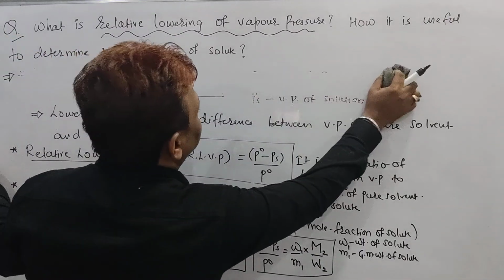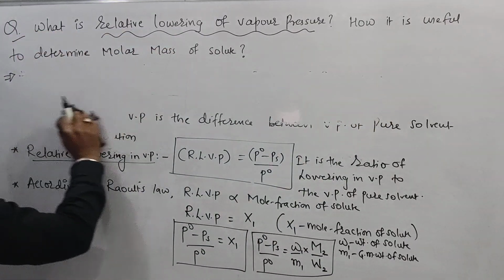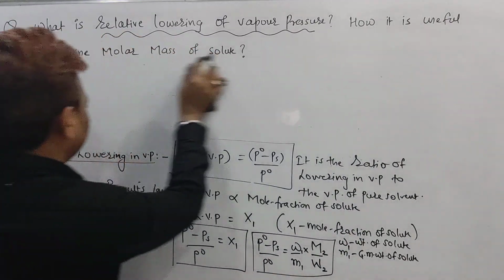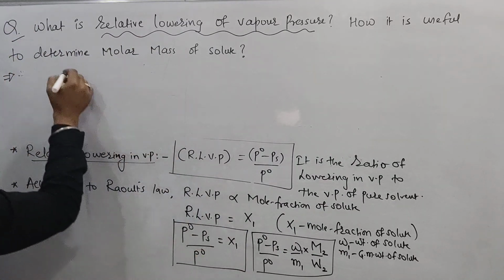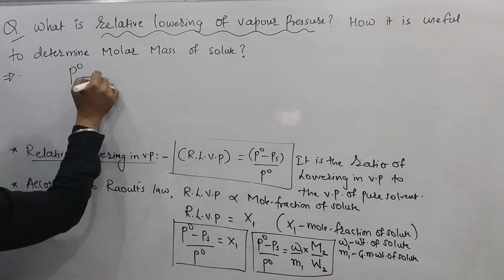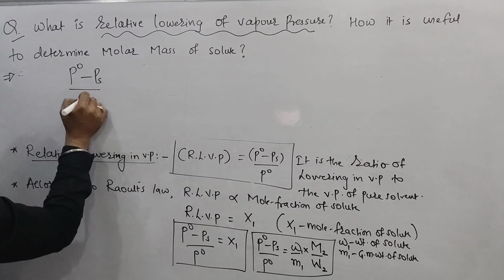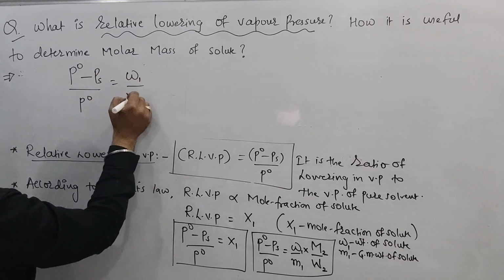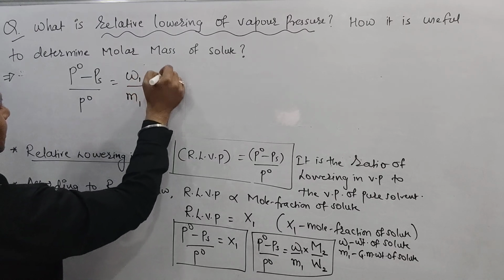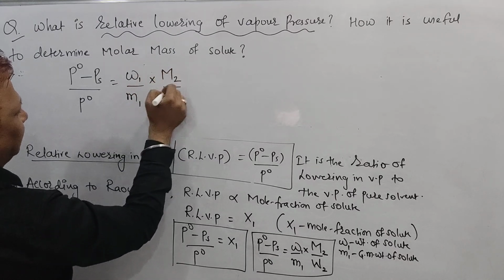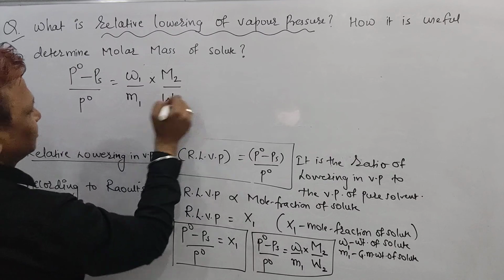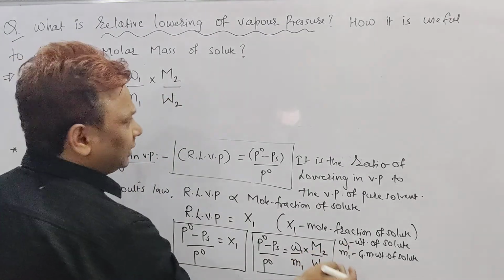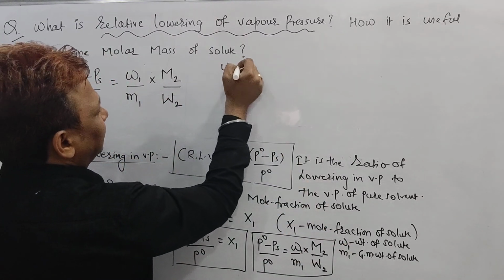See beta, as we wrote the formula up to here, what is the formula we wrote? We wrote P0 minus PS by P0 equal to weight of solute by molecular weight of solute into molecular weight of solvent by weight of solvent in grams.